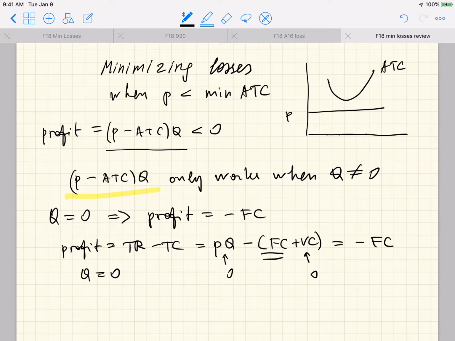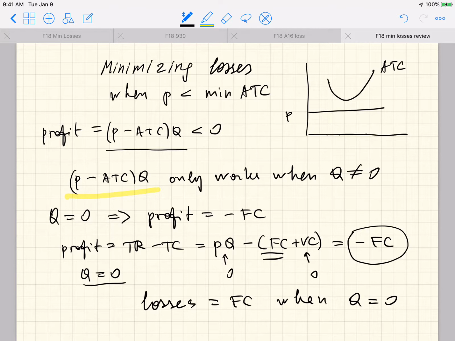So in the short run, you're really locked in your fixed cost. That's why when Q is zero, our profit is equal to our fixed cost with a negative sign. So basically, our profit is a loss which is equal to our fixed cost. Losses equal to fixed cost again when Q is zero.